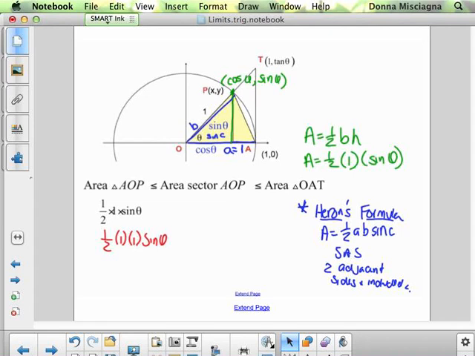So if you have two adjacent sides and the included angle, because those will always be congruent triangles, you can also use the following formula: 1/2 times A times B times sine C. So A and B are the adjacent sides, and C is the included angle.